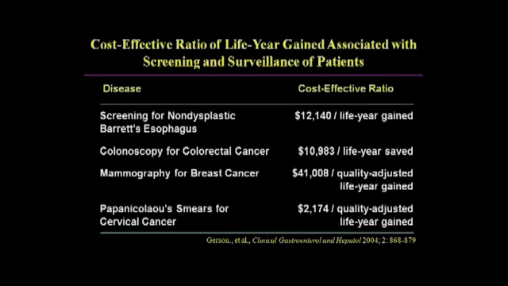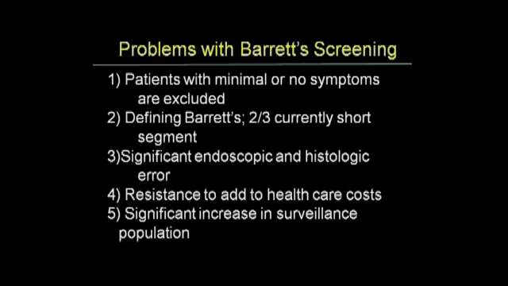Life year saved is not exactly the same as quality adjusted life year, which is not exactly the same as life year gained. You get your arms wrapped around your axle pretty quickly trying to compare some of these things, but nevertheless, there's ballparks that you can see. So $25,000 is a reasonable ballpark for that particular study.